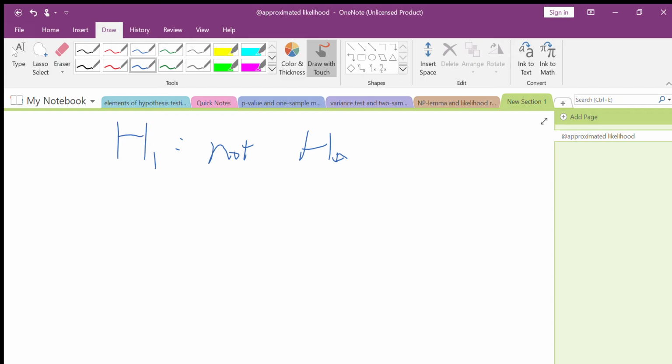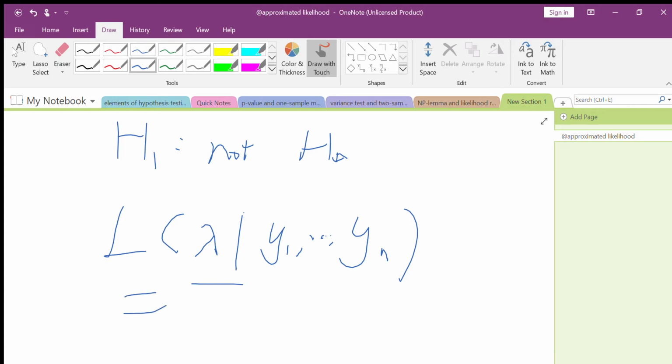You need to write out the likelihood function of parameter lambda given the data small y1 all the way to small yn, and we write it as the product from i equals 1 to n of the PDF of small yi.